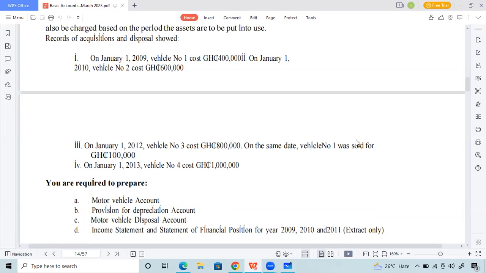So these are the requirements: motor vehicle account, provision for depreciation account, disposal account. When we say disposal, it means that that particular asset was sold.